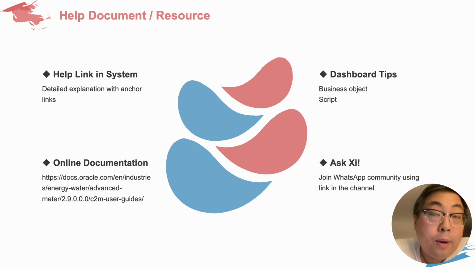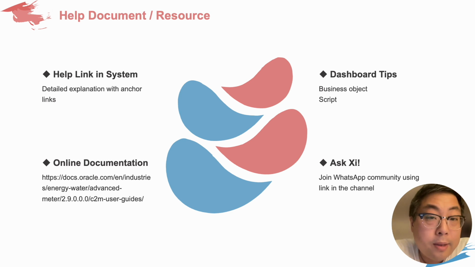Because the help actually has anchor links, which means if you are on a business object page, you click the help, it will show you all the information about business object. If you are on a service agreement page, you click the link, it will show you exactly about service agreement.